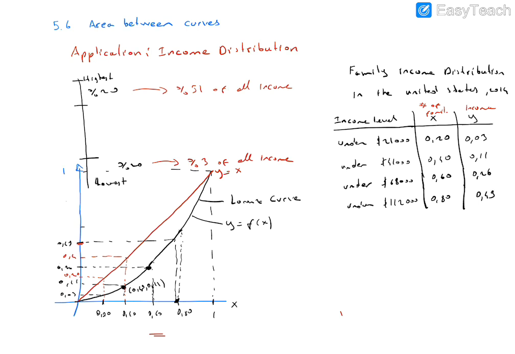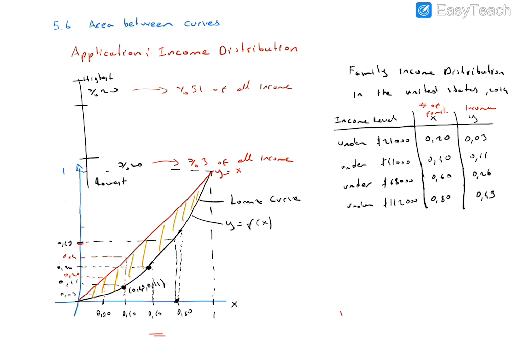Okay, so if this area is 0, this means the Lorentz curve equals y equals x, or f of x equals x function. So we have equivalent distribution.